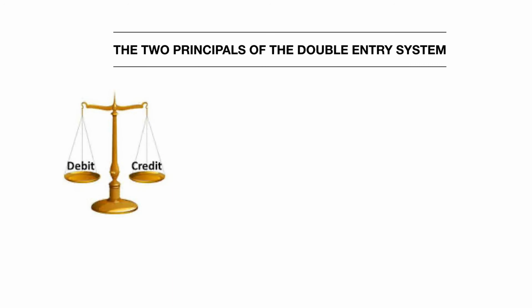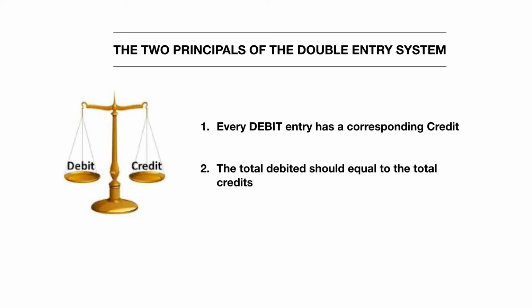The first principle is that every debit entry should have a corresponding credit entry. Every action has an opposite reaction. And the total that is debited should always equal the credits. Again, equal and opposite reaction, Newton's law, right?